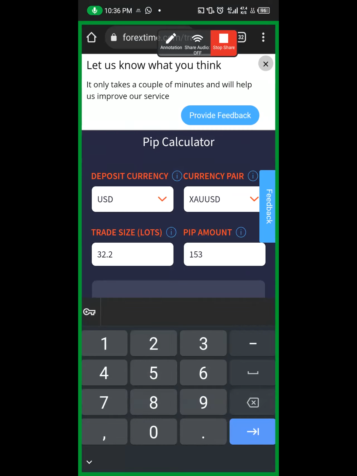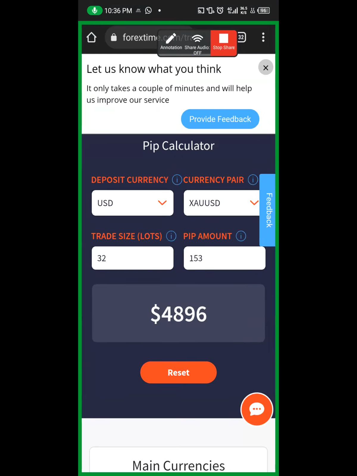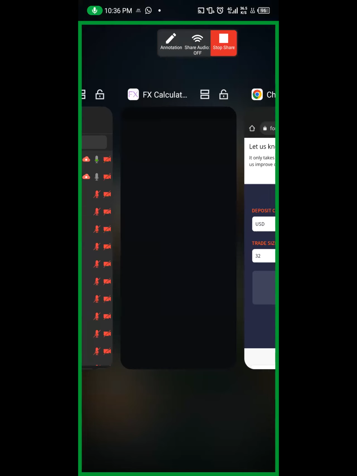32.2. So imagine if you are using 0.3. Yeah, if you're using 0.3, I'm right. It will give you 4,896. Is that right? No, it's not right. Guys, let me just go direct.